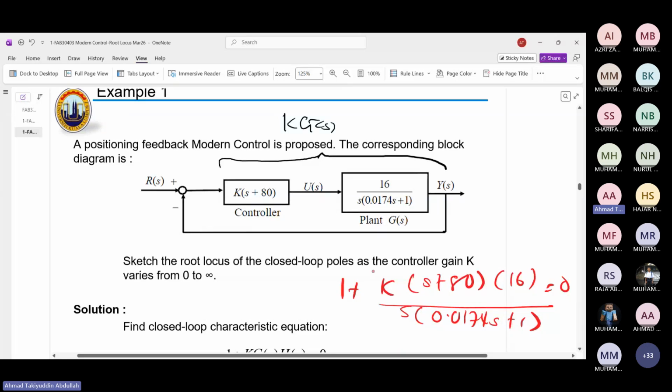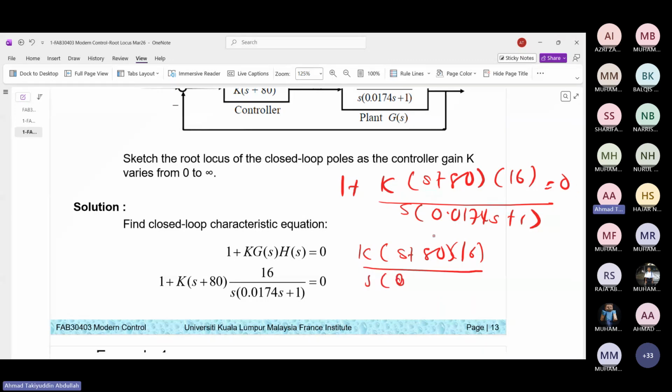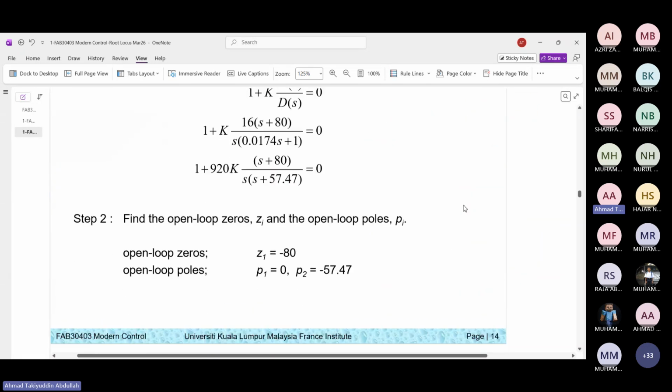Then in further consideration, we will have k(s plus 80) times 16 over s(0.0174s plus 1) equal to minus 1. The same thing.